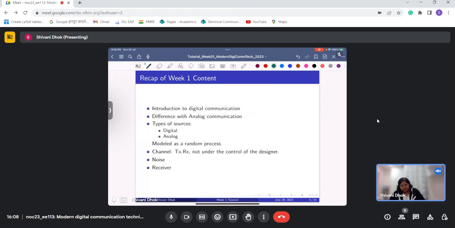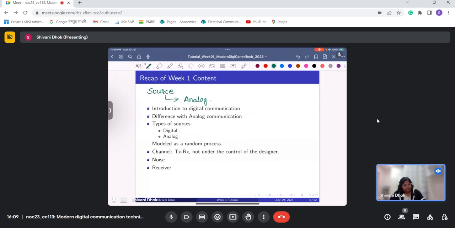In analog communication, we have a source generating some analog signal. A simple example of an analog signal is my voice signal. When I'm speaking, it is continuous in time and continuous in amplitude, so it is an analog signal. An example of analog communication is your FM radio, like Radio Mirchi and other stations.